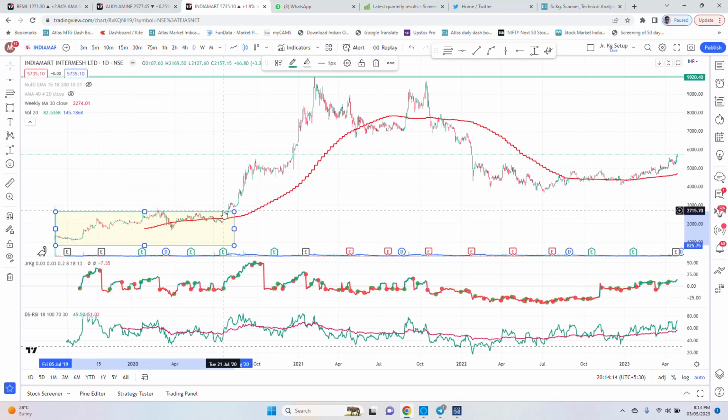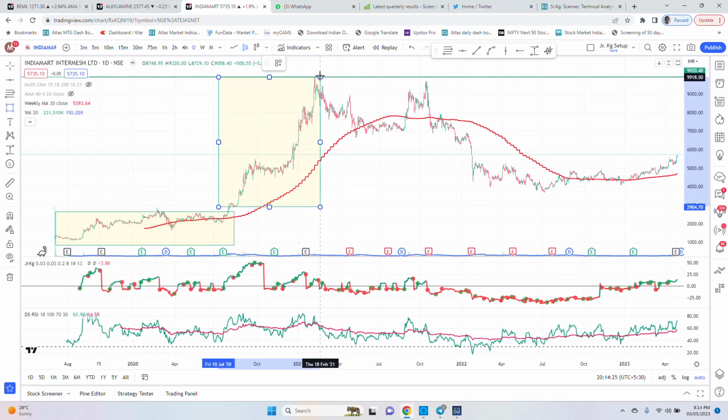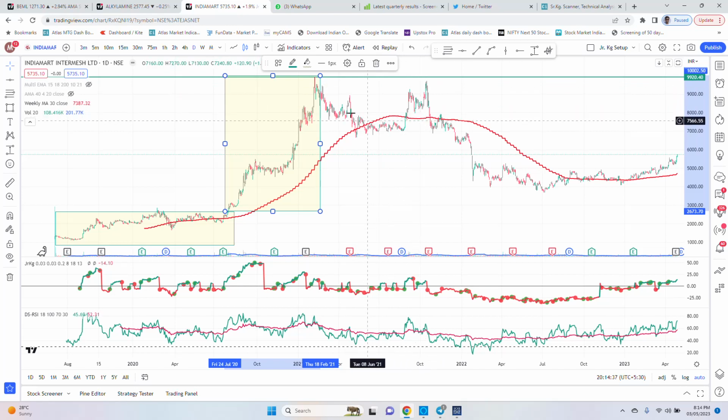Once this breakout happened, then from here to here, this is the complete stage 2. And then you see the stage 3 started.